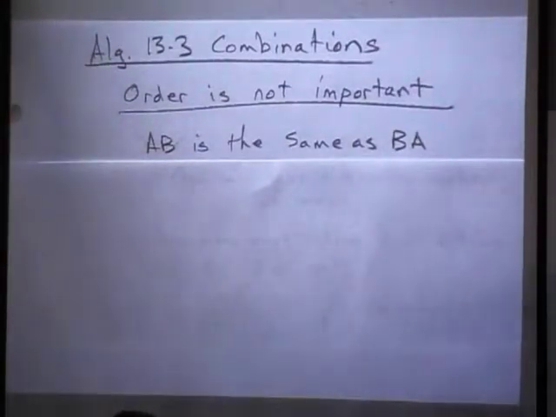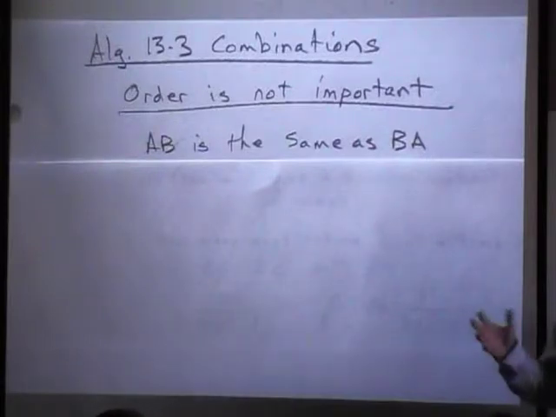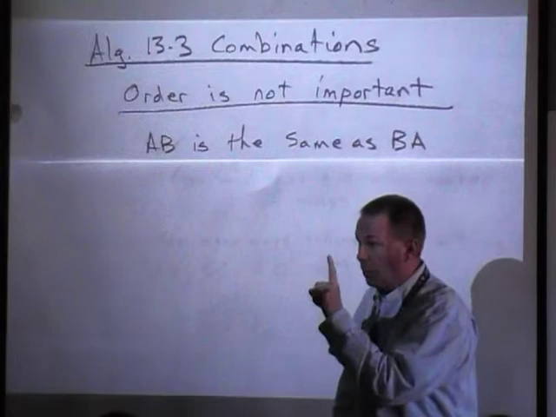See how it can get confusing when you think about them together. You must memorize: if AB is the same thing as BA, that means order is not important. That counts as one, not two separate things.